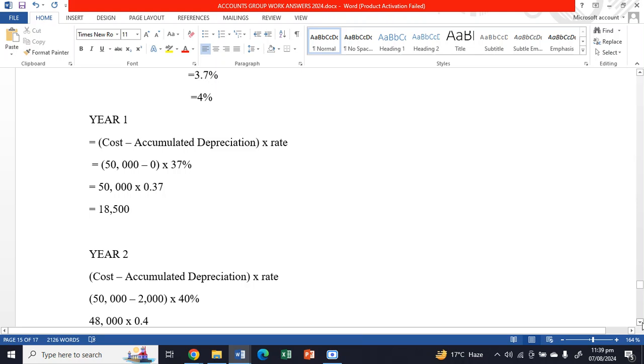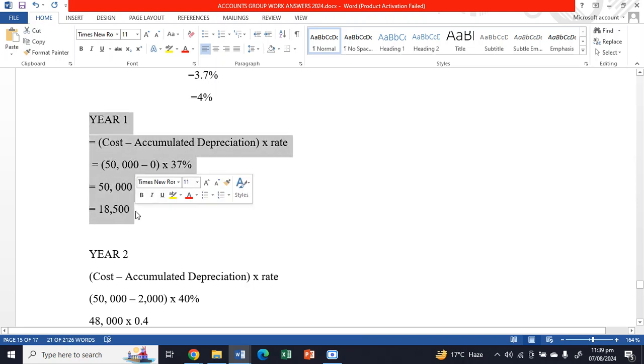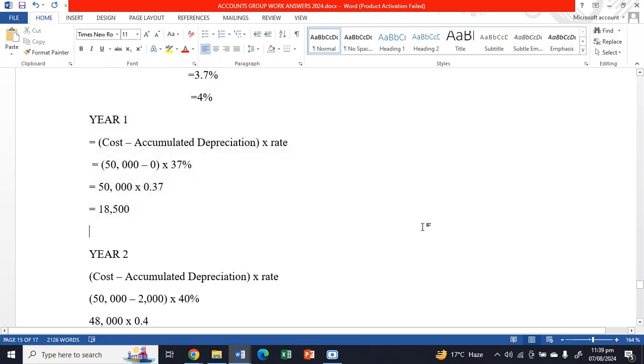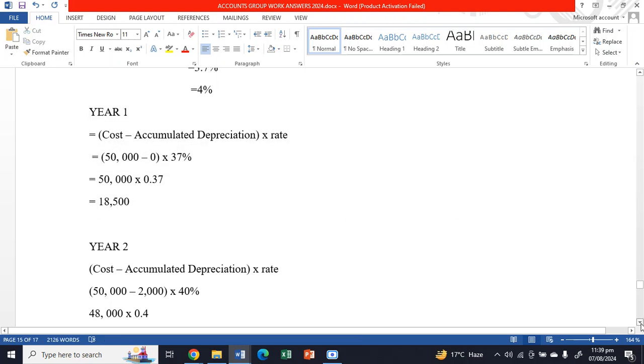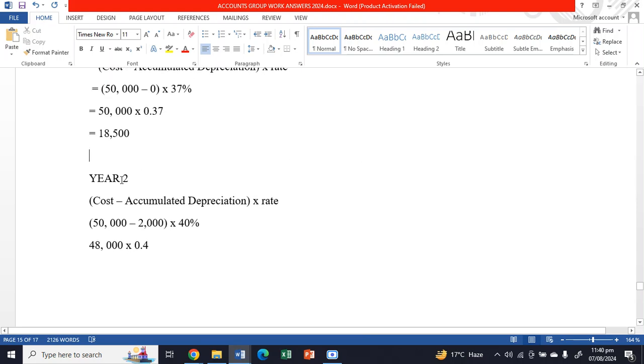Now, with that question, you're just supposed to end here. You just calculate with the reducing balance method, calculate the depreciation, then you're done. But for understanding's sake, let's just continue going year by year. Year two, cost minus accumulated depreciation. So you put here 50,000 minus 18,500, times 37%.